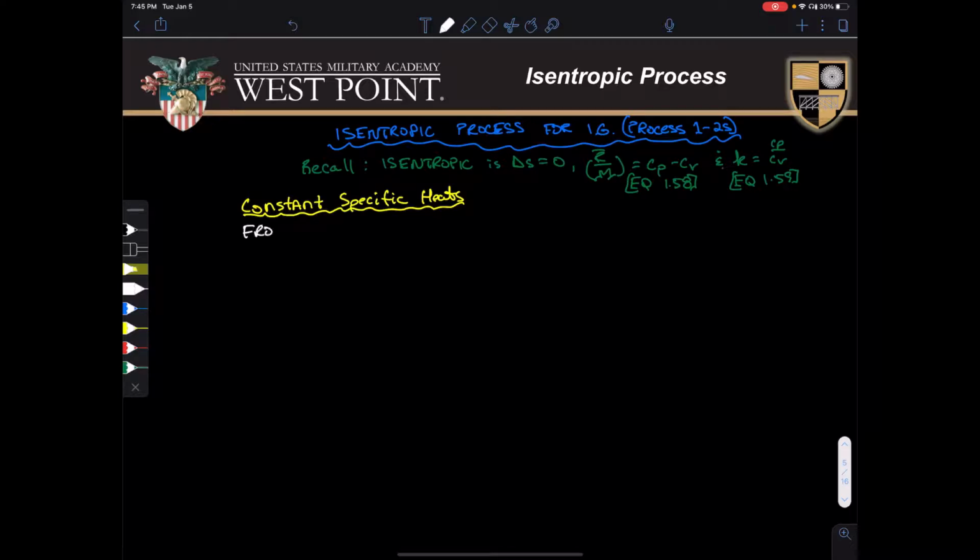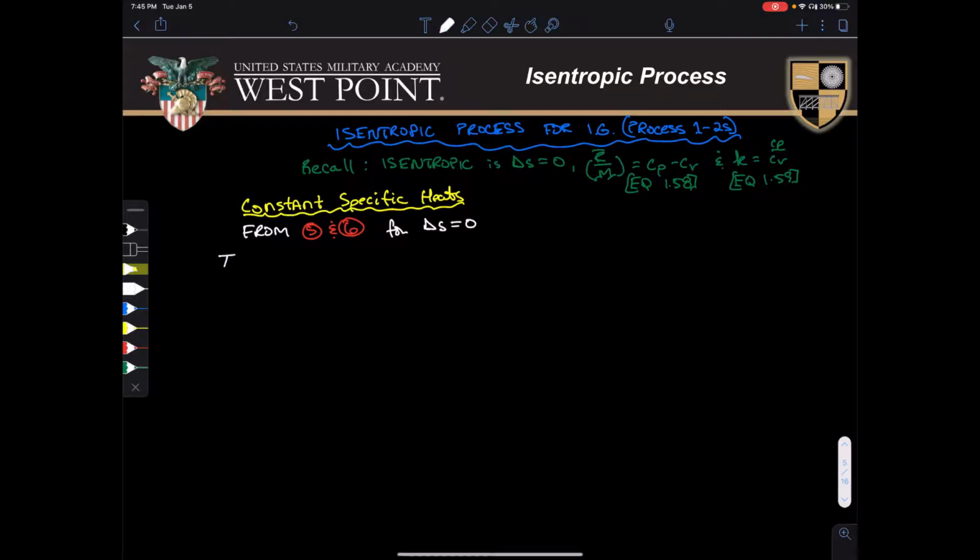So from equation 5 and 6, if the process is isentropic, so again, our change in entropy is 0, we have a reversible process, we get the following isentropic relations.